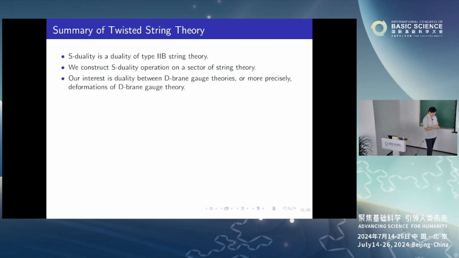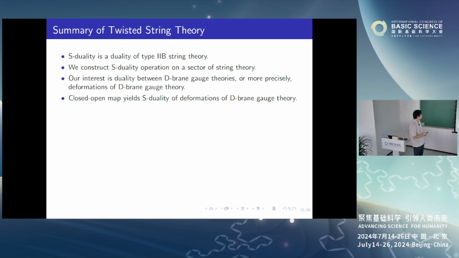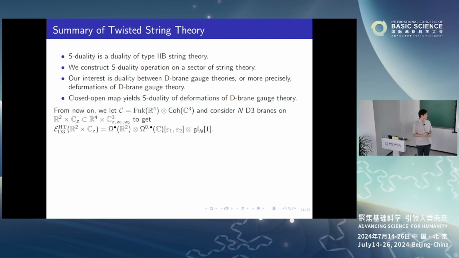But I want to think of that as a duality between deformations of D-brane gauge theories. And this closed-open map does actually produce S-duality of deformations of D-brane gauge theories. So maybe we are going to see an example.